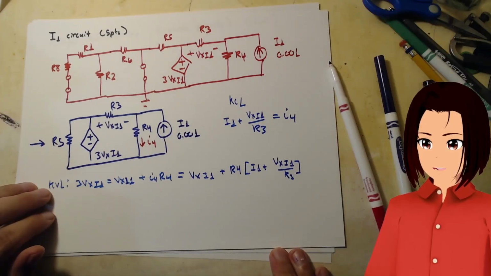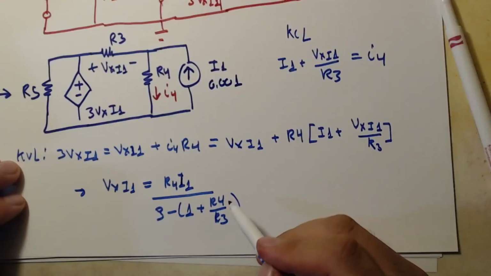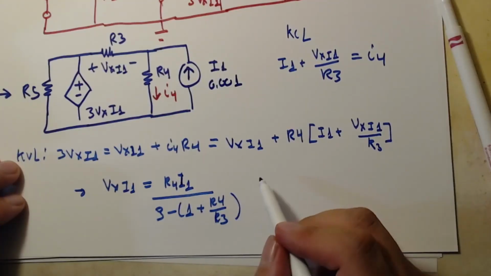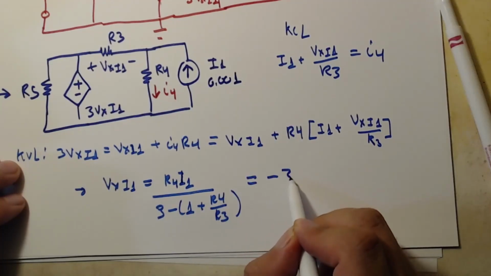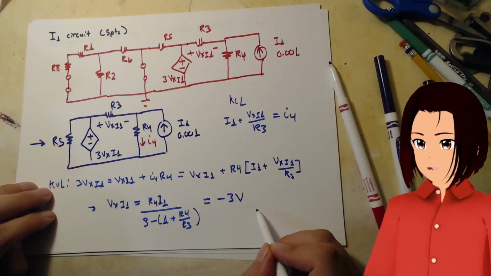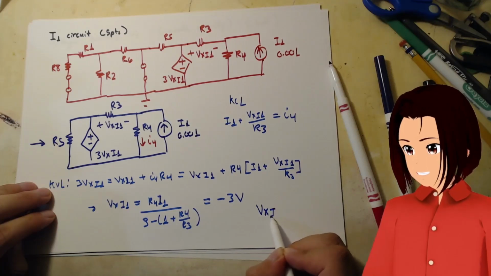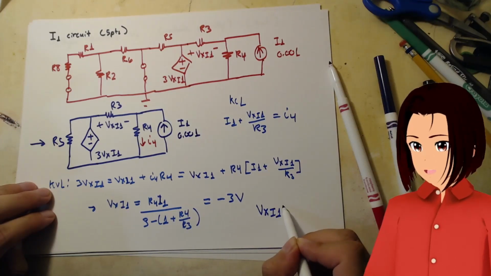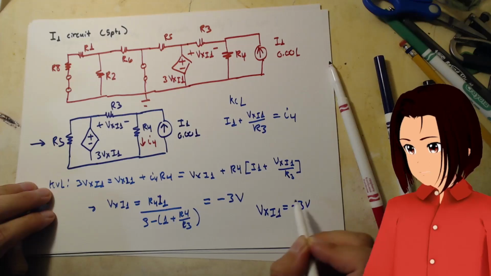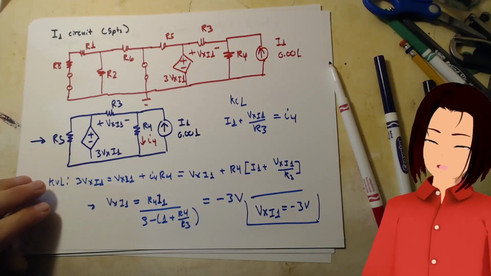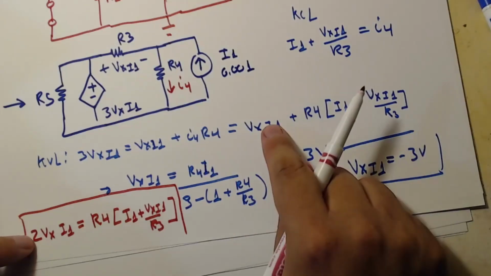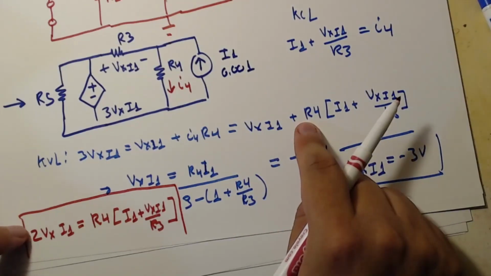So doing some algebra, I'm going to skip to this step. I don't know if this is exactly the expression you're going to get, but this should simplify to minus 3 volts. So therefore we can say Vx due to I1 is equal to minus 3 volts. Boom, boom, boom. So you could go from here to here.